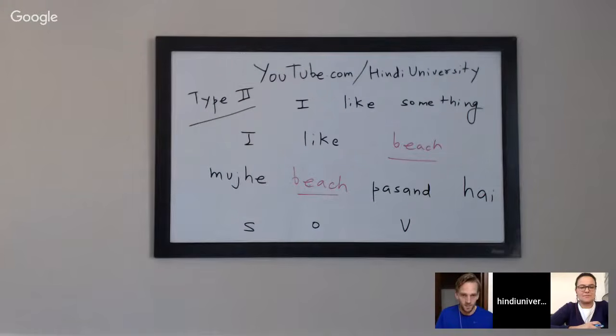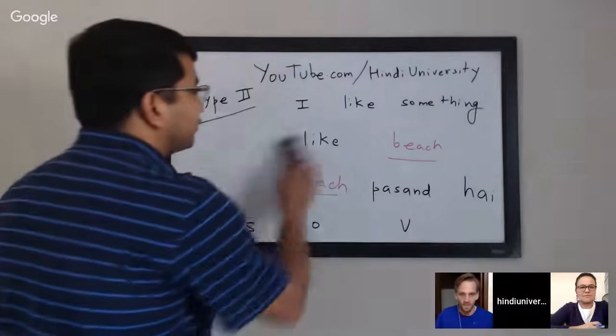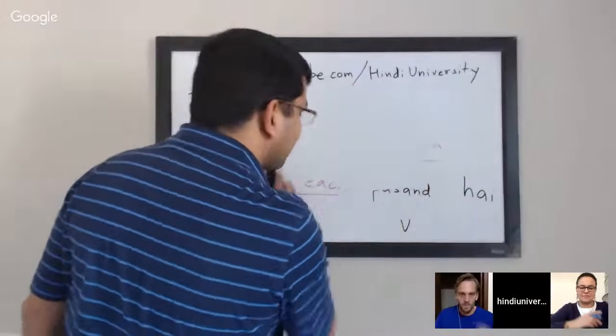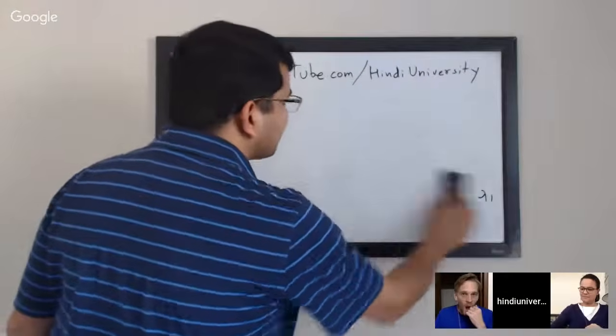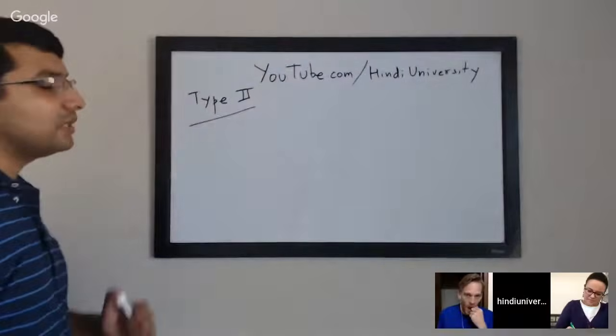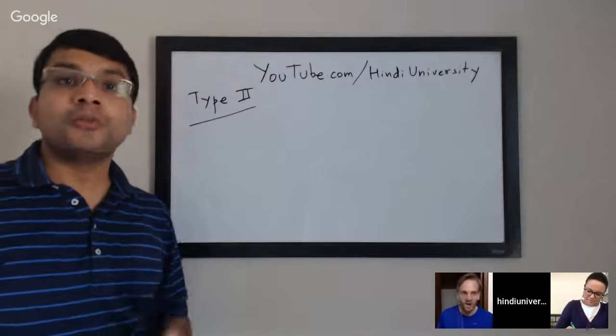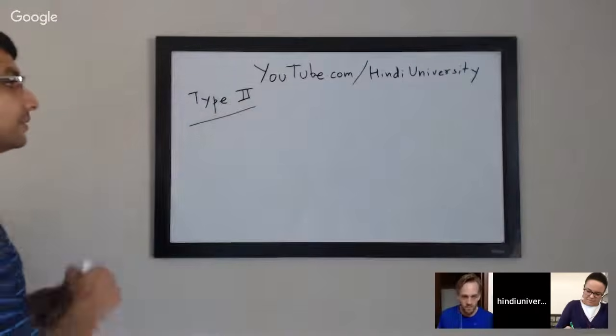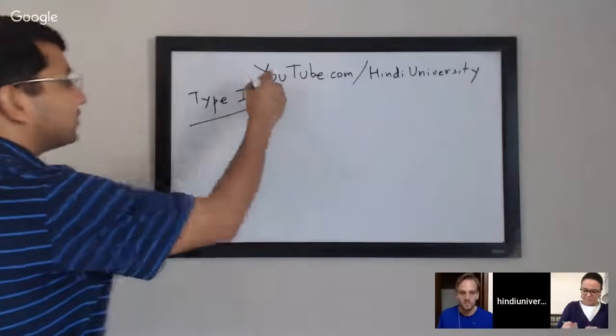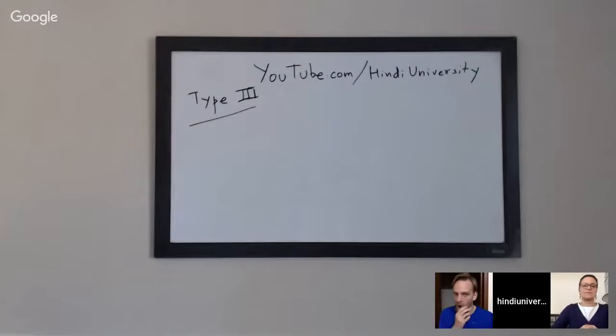Okay, now let's look at scenario number 3. So far, in the previous classes, most of the time we've only covered these two scenarios. Now we'll look into the different areas around it. So type 3 is where you want to say something has come to you.